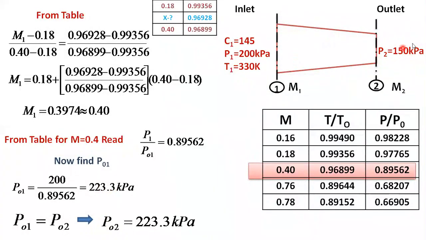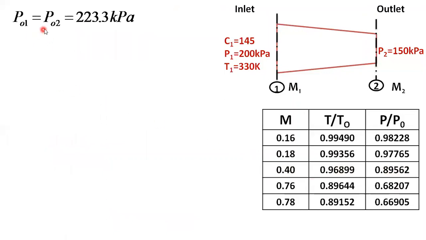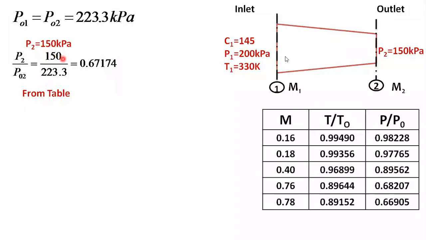So now at the exit you have two properties, static and stagnation. So you can take the property ratio here at the exit and go back to the property table to find the Mach number. P02 we are considering 223, and we have this static pressure, so we take the property ratio static to stagnation.